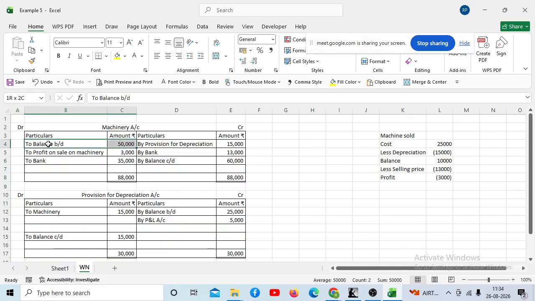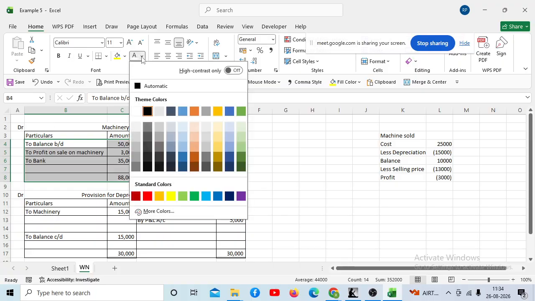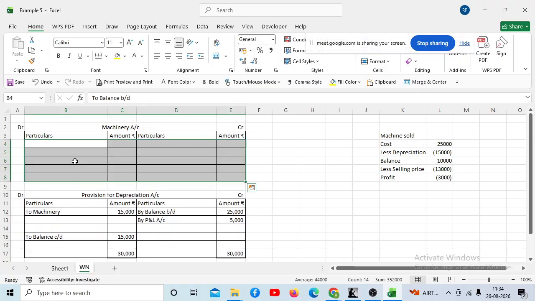Just prepare the machinery account of 5 lines. And also prepare the provision for depreciation account of 5 lines.